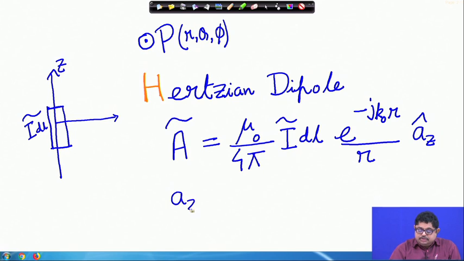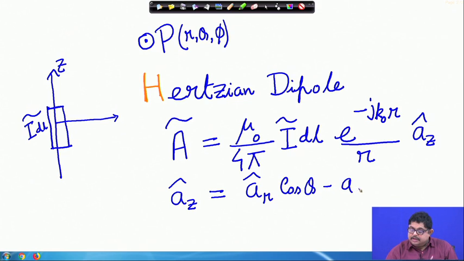So, it is well known that this A z is nothing but, in terms of the spherical coordinate unit vectors, A r cos theta minus A theta sin theta.